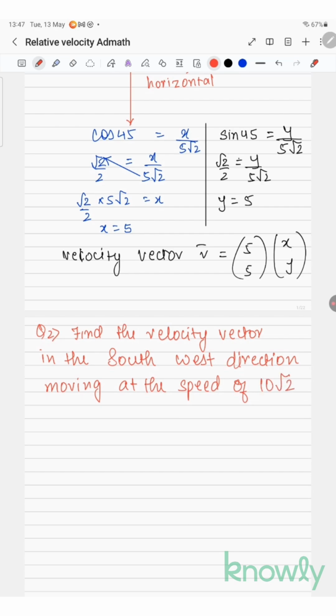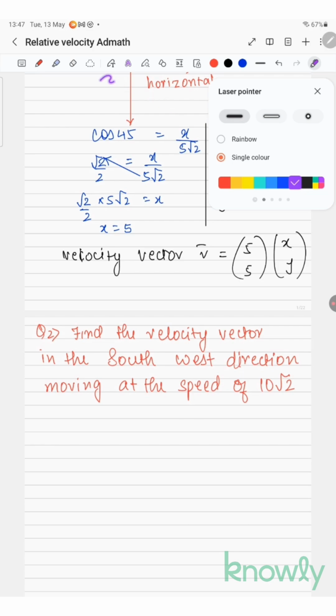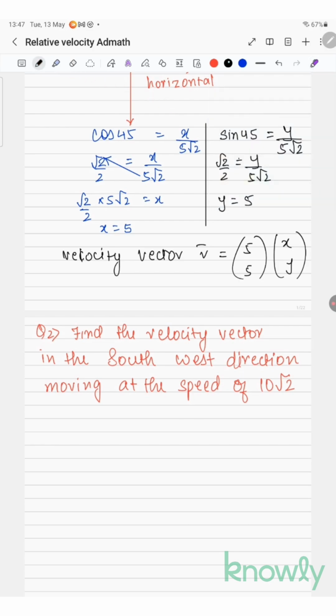Speed is always positive and they have given you the speed as 10 root 2. My job is to find the velocity vector over here, right? I need to get the velocity vector. So let's start with the question.